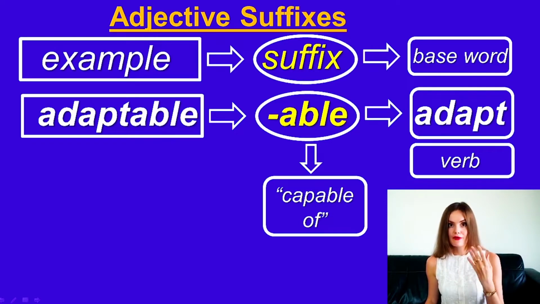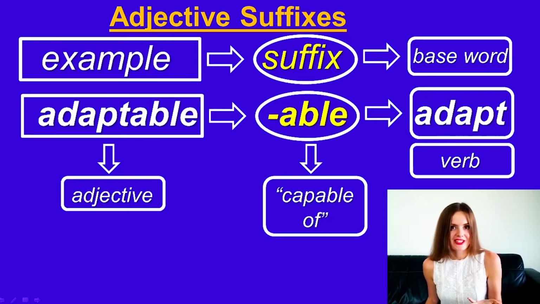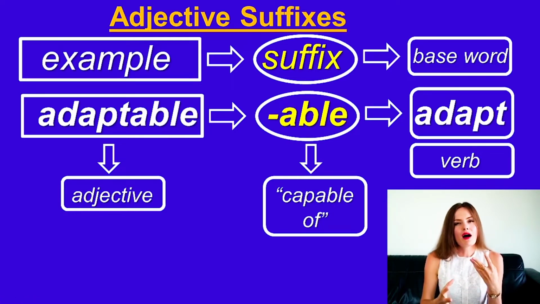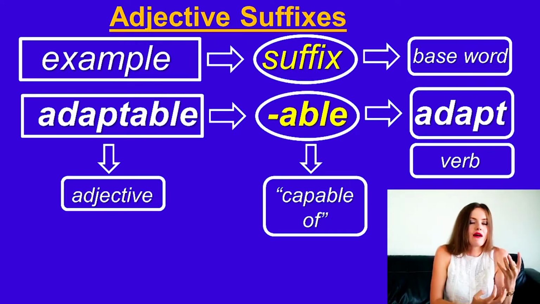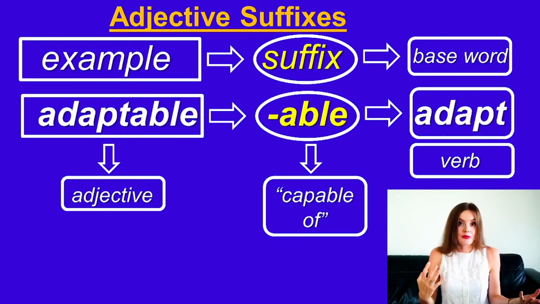Adapt is a verb. So when you add the suffix able, which means capable of, to adapt, you get an adjective. Adaptable means capable of adapting. A person who is capable of adapting would be an adaptable person.